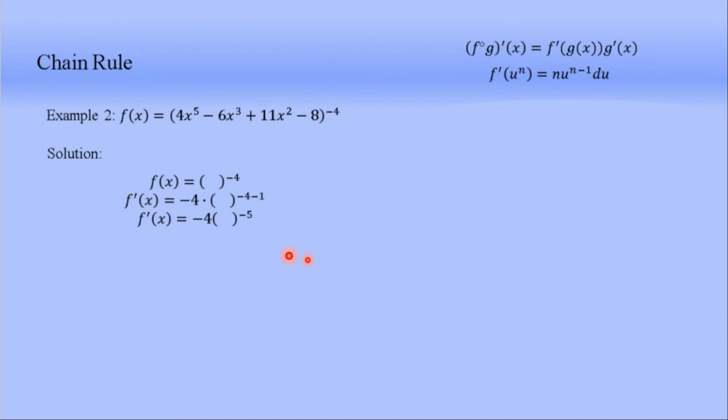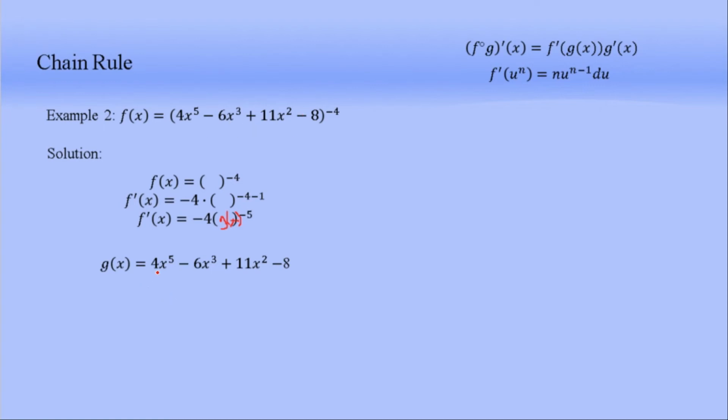So that is going to be negative 4 times parentheses raised to the negative 5 power. Again, inside this parentheses is g of x.